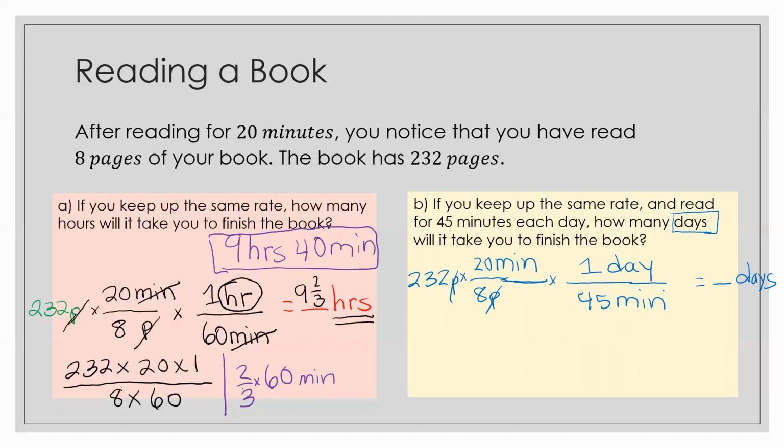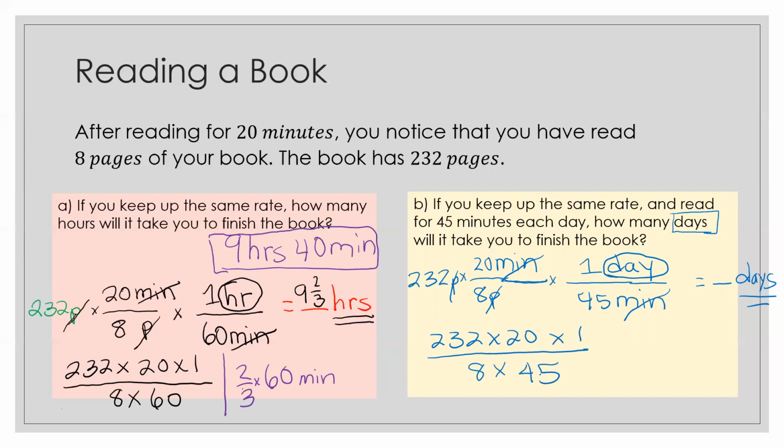Okay. And so now minutes cancel with minutes, and you are now in days, which is what you want. So to do the calculations, we will just say 232 times 20 times 1, and on the denominator, you have 8 times 45.